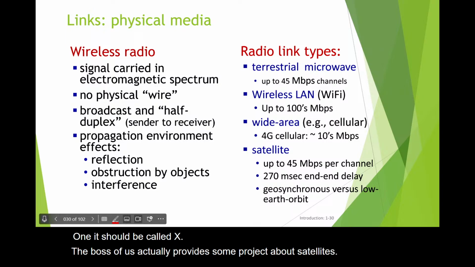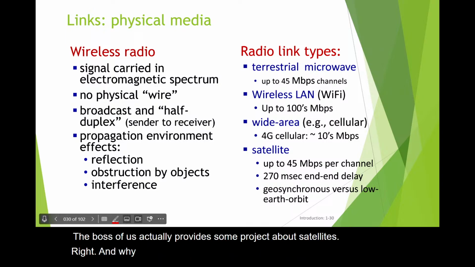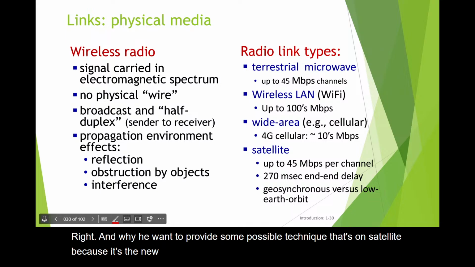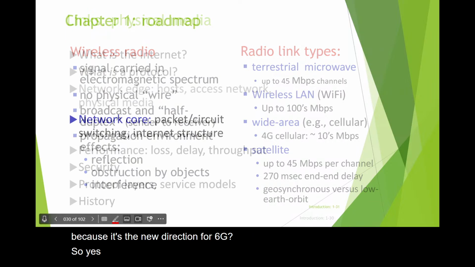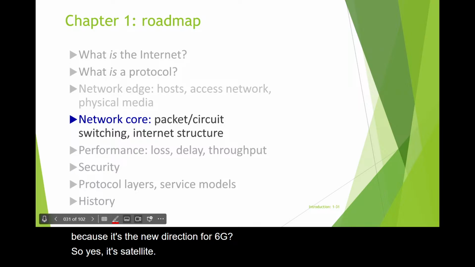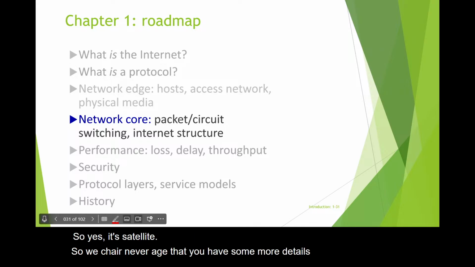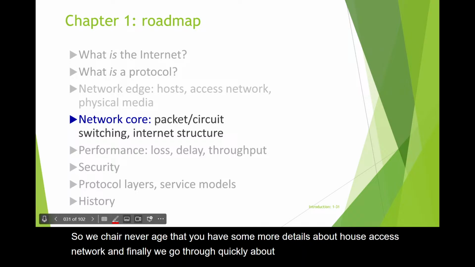And why does he want to provide some possible technique based on satellite? Because it's the new direction for 6G. So yes, it's satellite. Well, so we checked the network edge, with some more details about the host access network. And finally, we went through the physical media quickly.